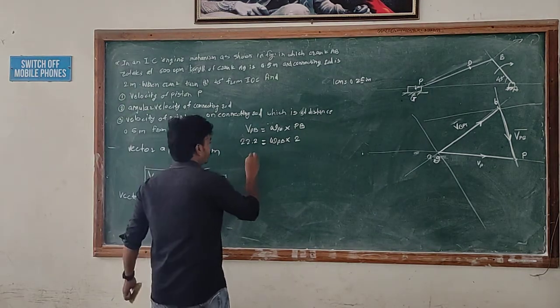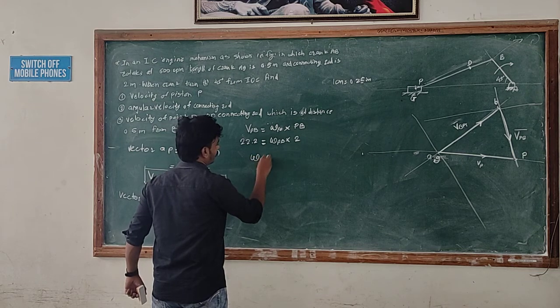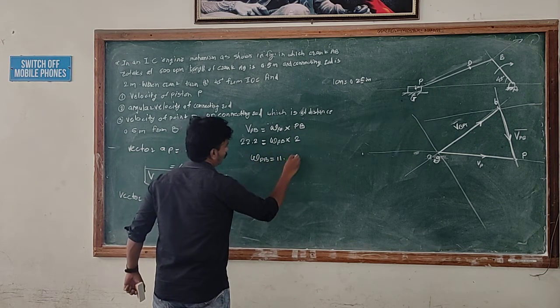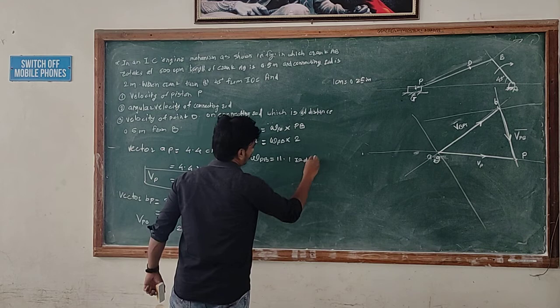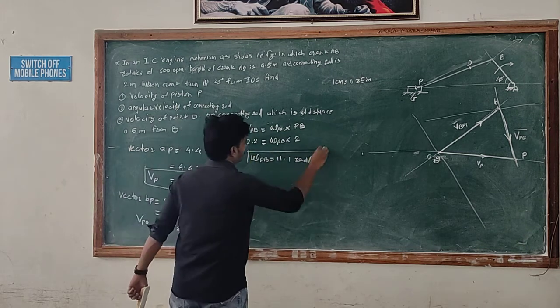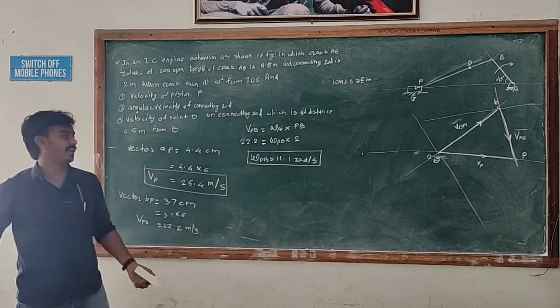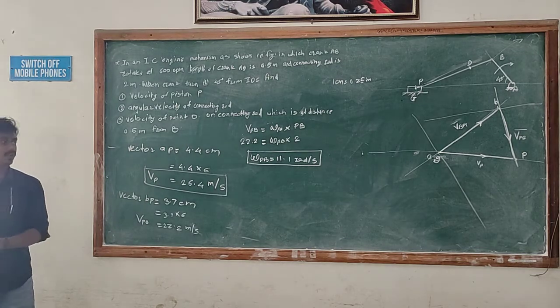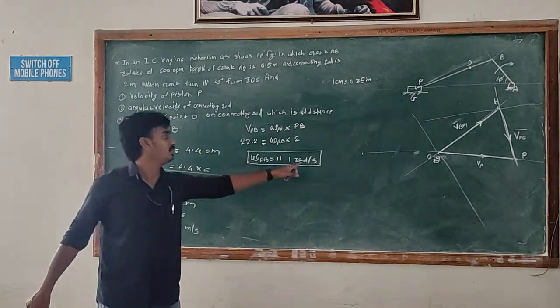If we divide it, we will get omega of the connecting rod equal to 11.1 radian per second.